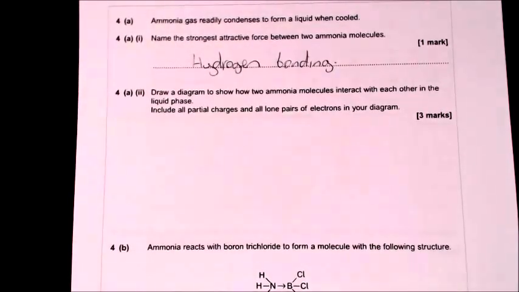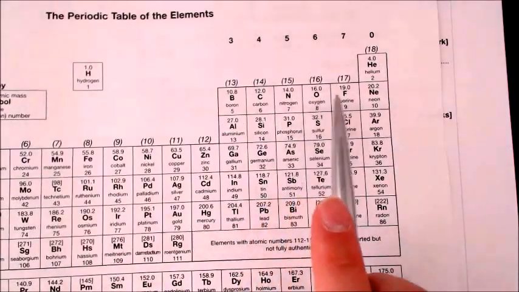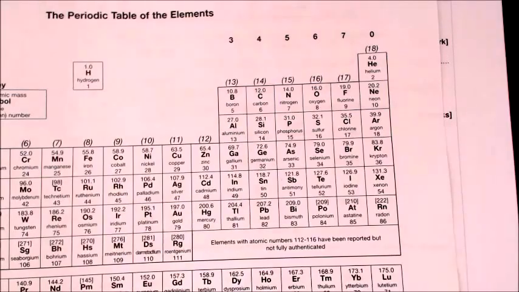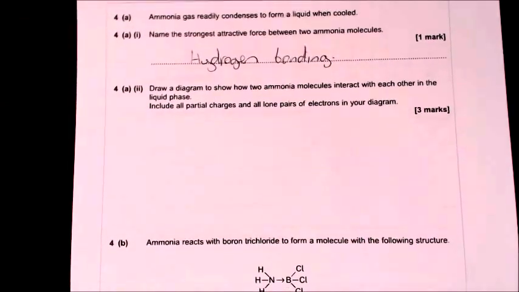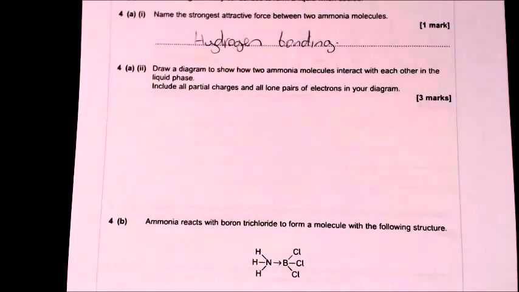So if I bring in the periodic table here, you can see that it's actually these 3 here. It's just these 3. So anything with hydrogen NOF or any molecule with that in will interact via hydrogen bonding. Okay. So the next question, which is 4.2, effectively wants you to draw a diagram to show this.